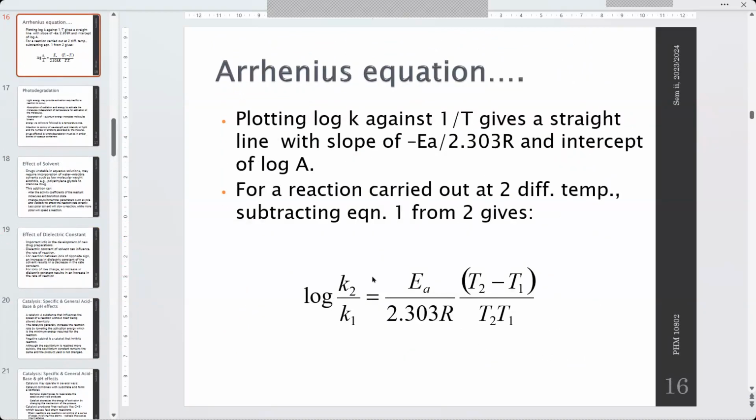Okay. Let's say, to explain to you, I have to draw the curve. You store the same formulation or same product at two different temperatures. Okay.